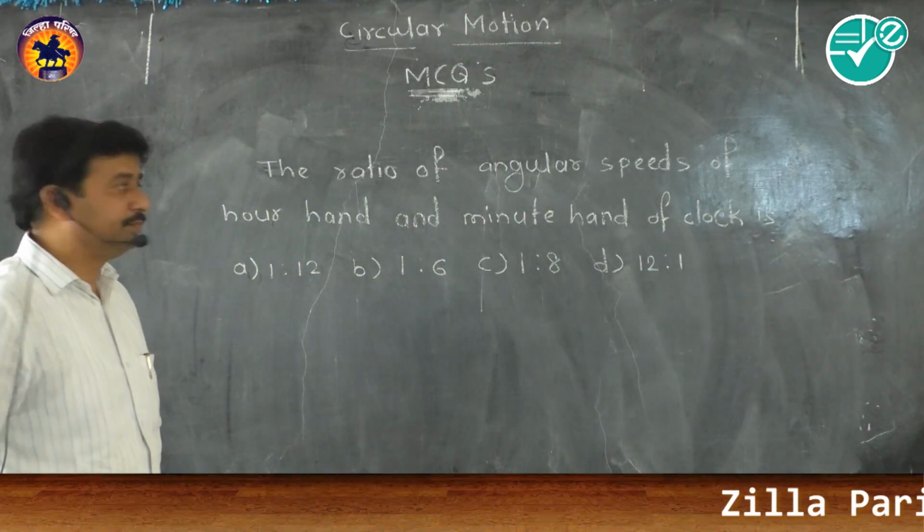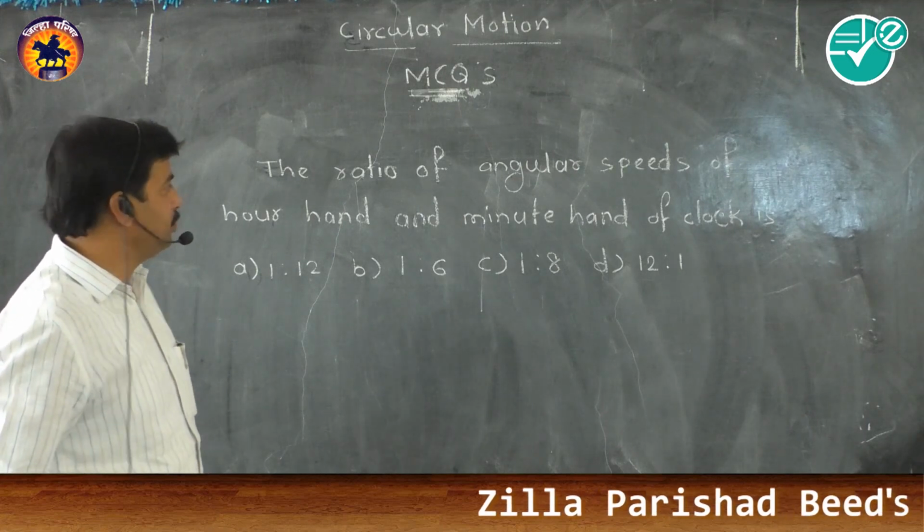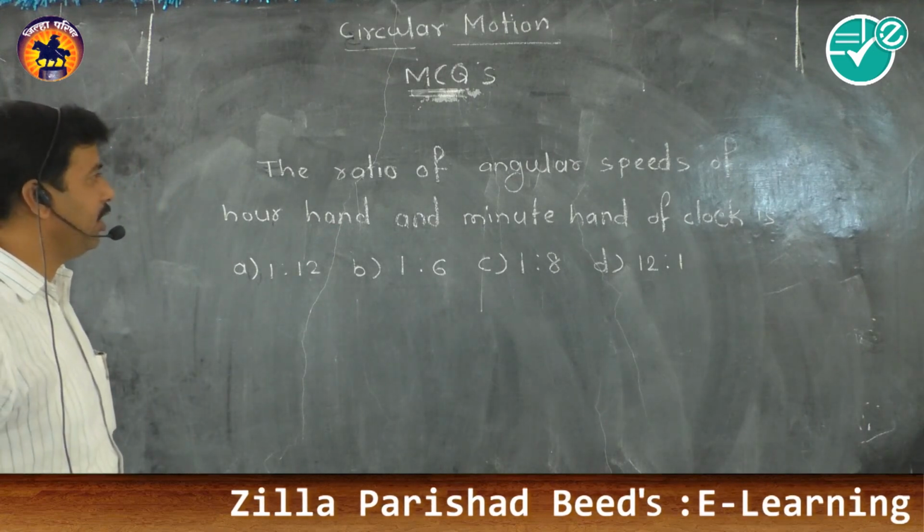I will repeat the question. The ratio of angular speeds of hour hand and minute hand of a clock.